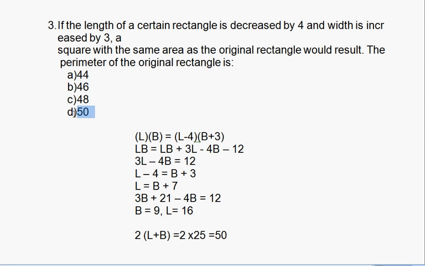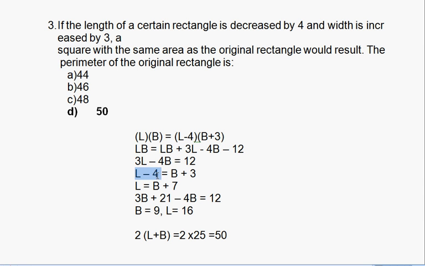So again you have to cut through the equations, right? You are given some statements. You have to firstly make the equations out of these statements. So firstly it says the length is decreased by 4, and width is increased by 3, and it gives the same area. So we put in these equations, and then it says it becomes a square, right?